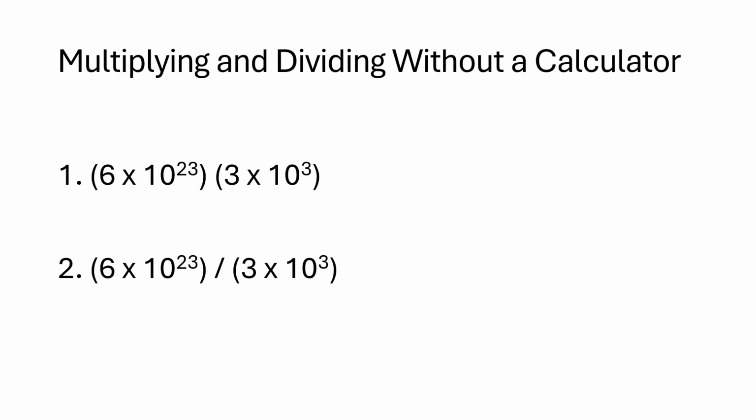When we're multiplying and dividing, we can group the numbers in any way that we would like. And so what I'm going to do here is take the coefficients and group them. We're going to do 6 times 3, and I'm going to take the powers of 10 and group them. 10 to the 23rd times 10 to the 3rd.